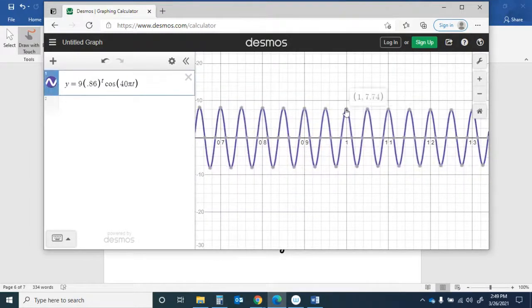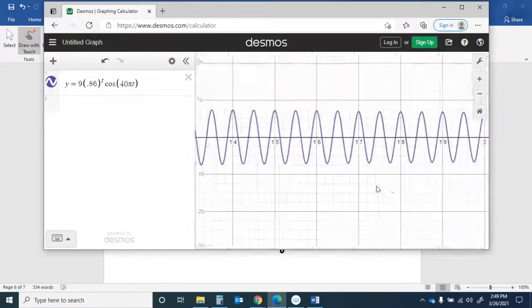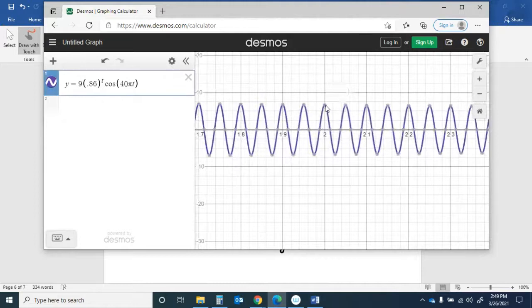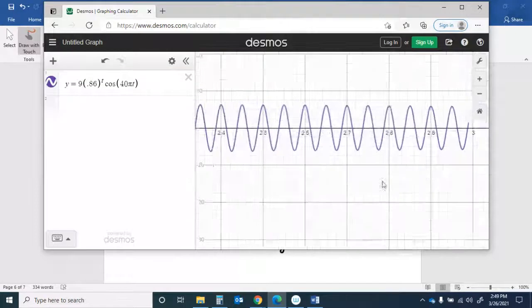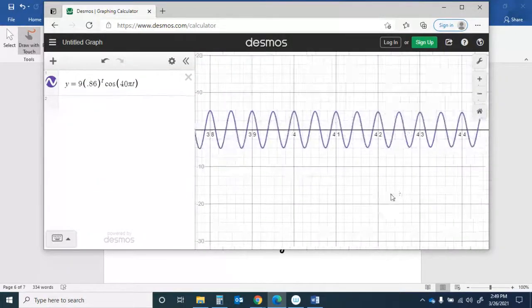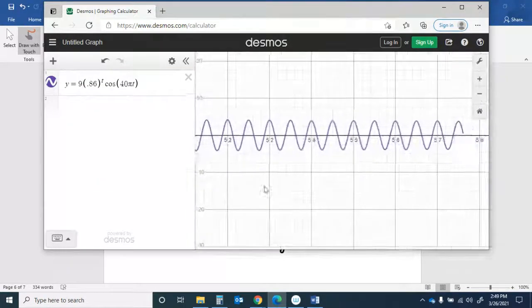So that by 1 second, it only reaches a max extended length of 7.74. So initially it was extended an extra 9 centimeters from its resting state. And by 1 second later, it only made it back to 7.74. And at 2 seconds, 6.656. All right, so how long does it take to get to its resting state?